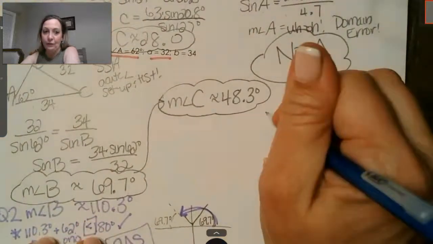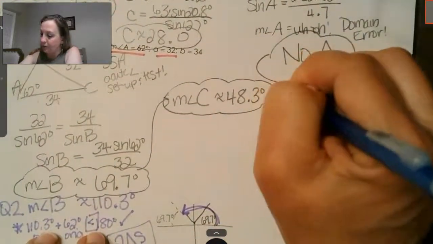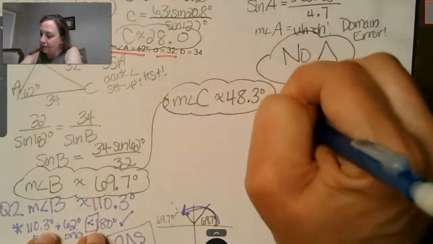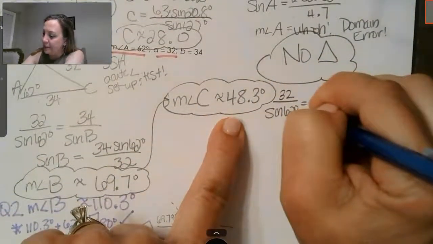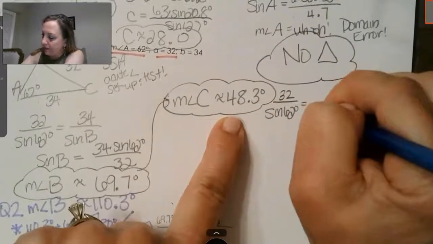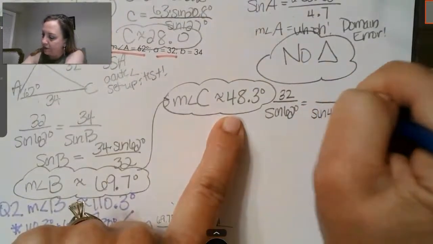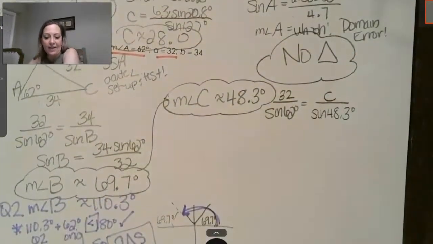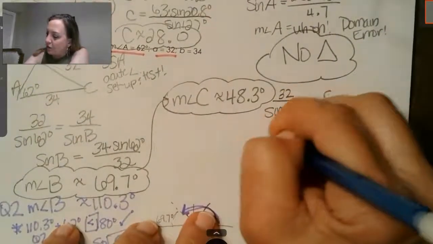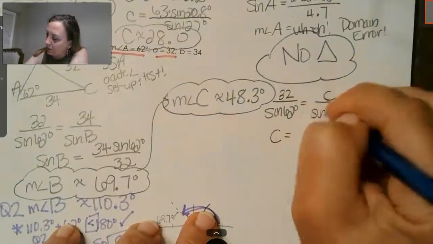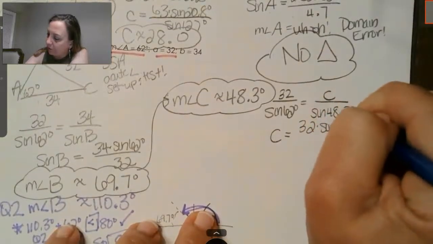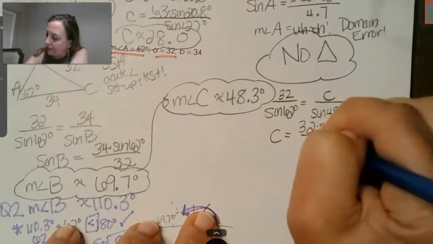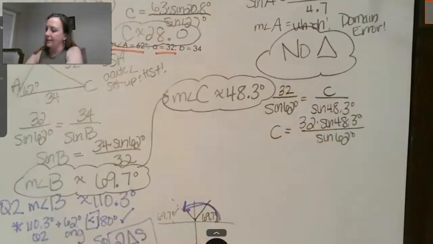And now we can use the original proportion, 32 over the sine of 62 degrees. This angle C that we have here, the sine of 48.3 degrees. And we can use that to find our side C. So we have that C equals 32 times the sine of 48.3 degrees over the sine of 62 degrees.